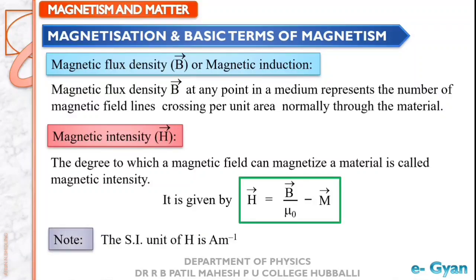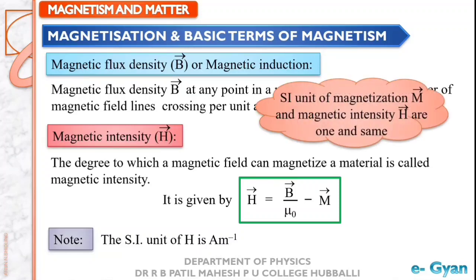Note, the SI unit of H is ampere per meter, which is the same as that of magnetization.